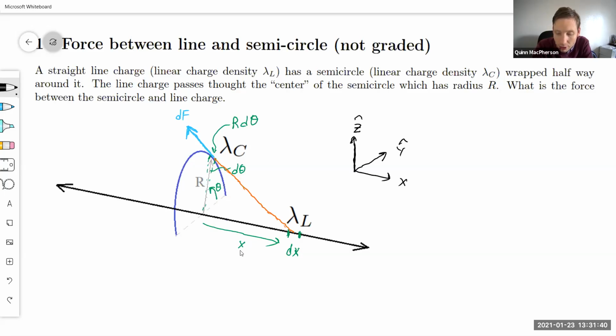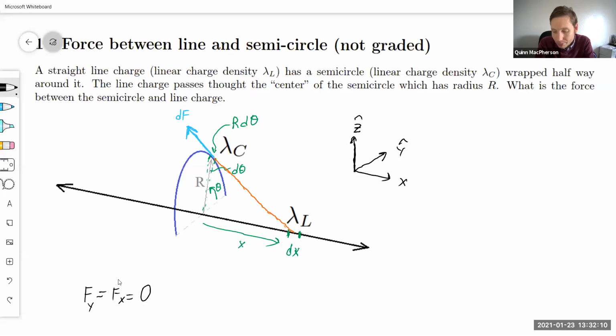My final force between these two, by symmetry, has to be in the z direction because the x and y parts cancel. The x parts will cancel because a segment over here will cancel with the segment over there. The y parts will cancel because the segment over here will cancel with the segment over there. So we can say Fy equals Fx equals 0. The question is, what is Fz?